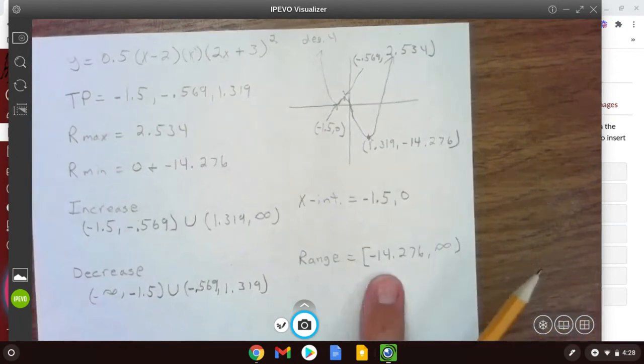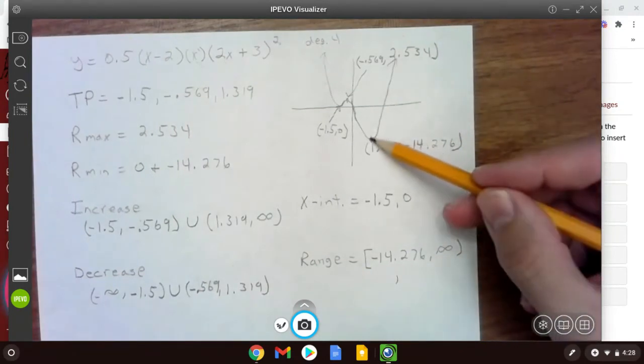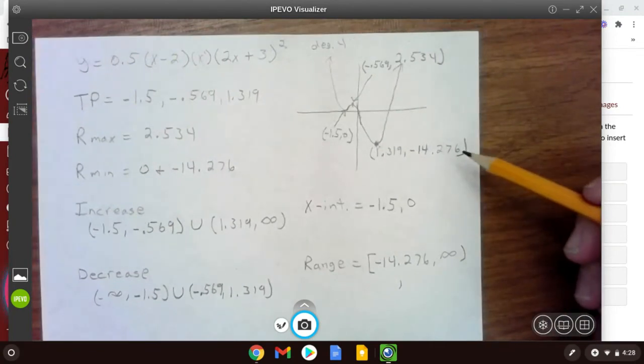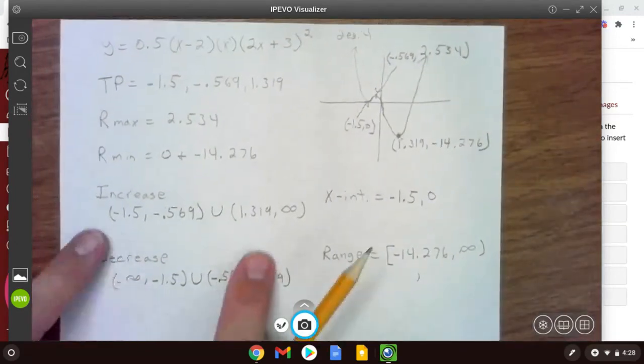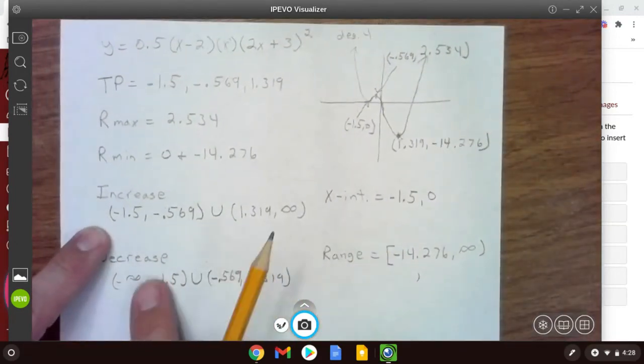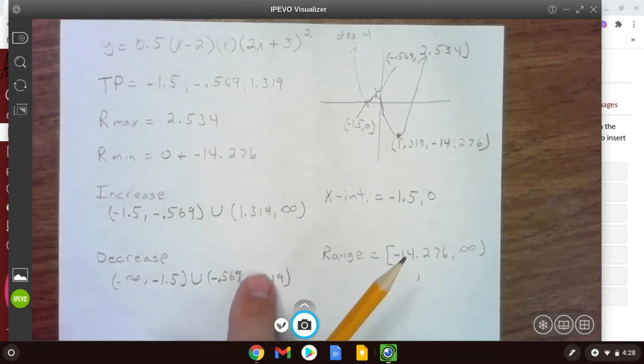Now notice I put the brackets this time, and the brackets just means that it includes that number. So at negative 14.276, the graph actually does pass through that y value, through that point. It actually gets there. But on all these other intervals, we were asking about increasing and decreasing.